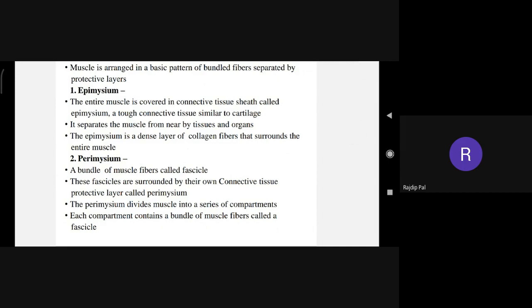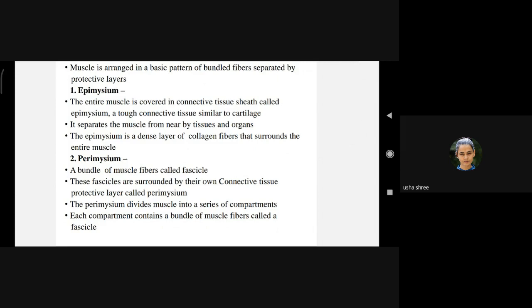Please remind me, what was the nucleus name? Pulposus, ma'am. Yes, very good. Thank you. Nucleus pulposus was also made up of collagen fiber, and that annulus fibrosus was also made up of collagen fiber, but the structure was only different. Here also we can see the epimysium, the covering of muscle bundle, is also made up of collagen fiber only.